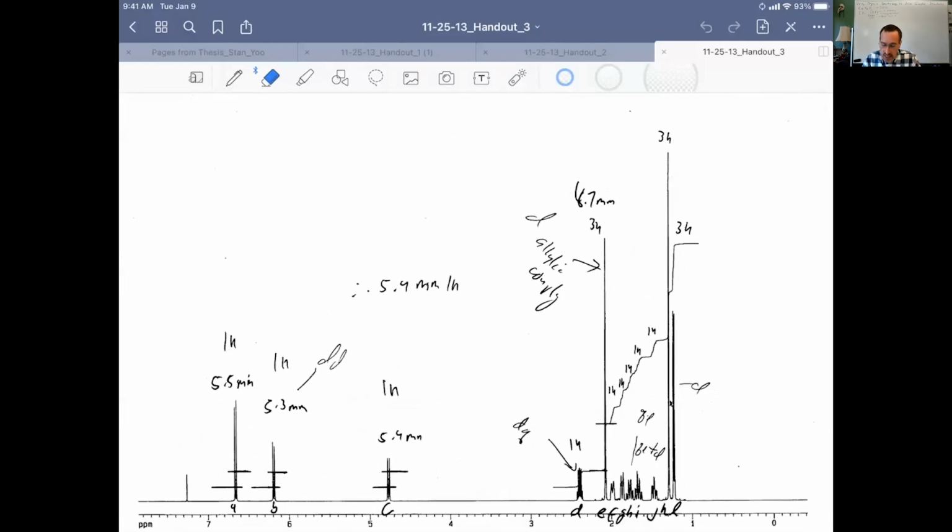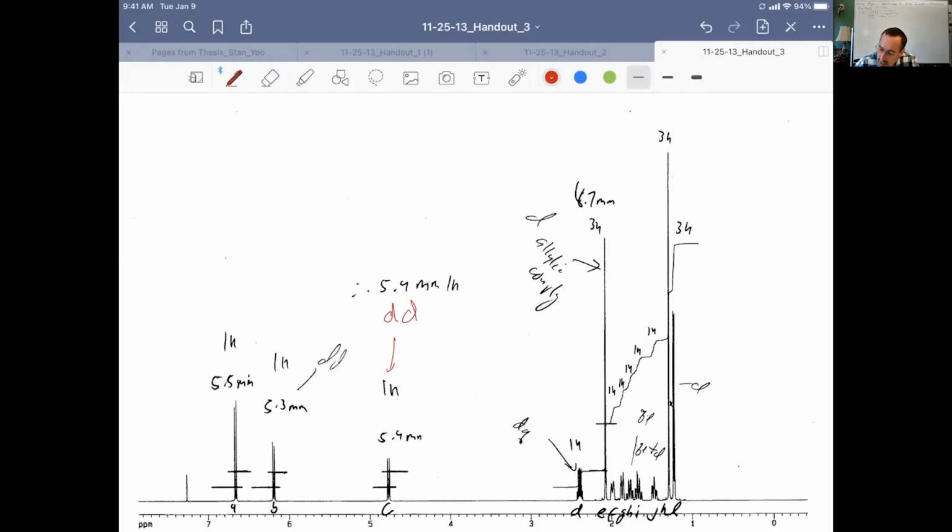So it looks like we have a couple of protons that might be on some sort of alkene, maybe with an electron withdrawing group. We've got a very interesting one over here at 4.7 parts per million. And this is interesting also in its pattern. I didn't give you the expansion on this, but it's clearly got a big coupling for a doublet.